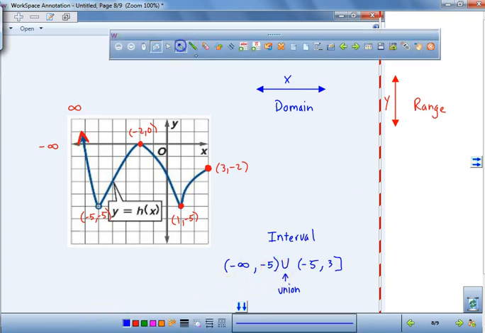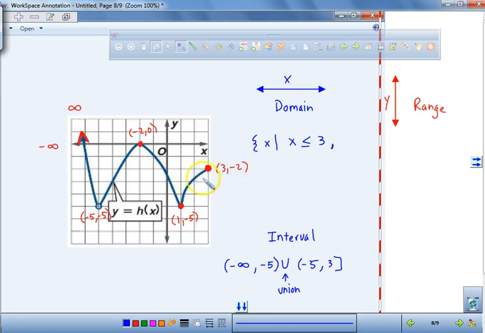All right, so now I'm going to write this in set builder notation. I'm going to say the set of all x values such that all of my x values are less than or equal to a positive 3 except for one number.